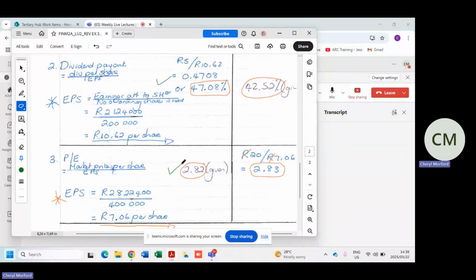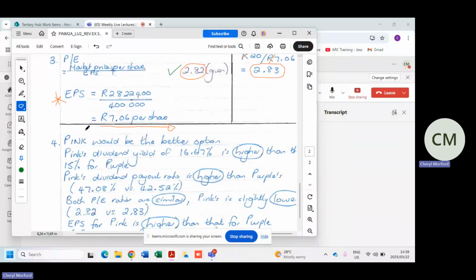So we're going to compare 10.62 versus 7.06 Rand. So obviously the higher EPS is the more profitable one. So on the basis of that, I think we conclude that we're going to choose which one? Pink. And you must clearly state your choice in your answer. And then I've just given some of the reasons which I've talked you through.